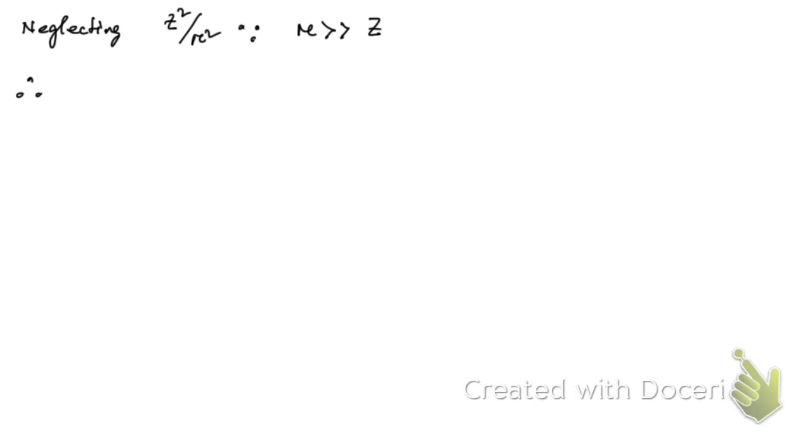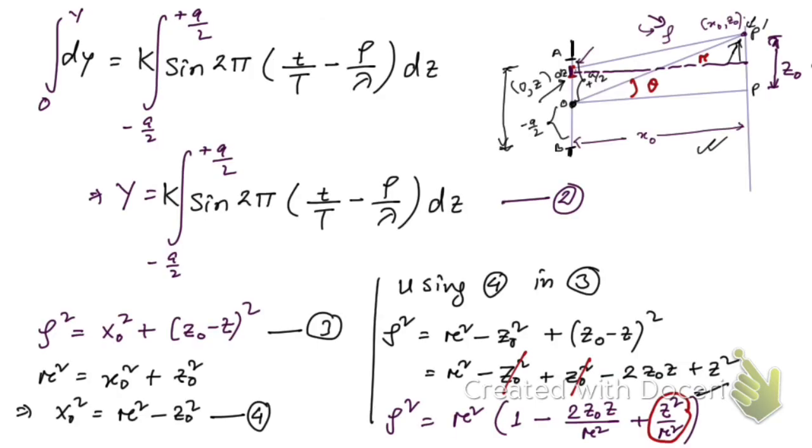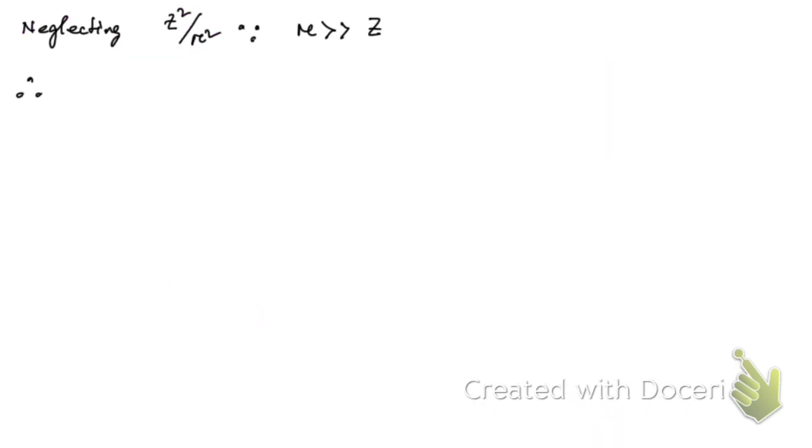If you neglect this term, you're going to get rho square equal to r square times 1 minus 2 z naught z by r square, because this last term z square by r square is neglected. Hope you have understood this. So this is what we have got.